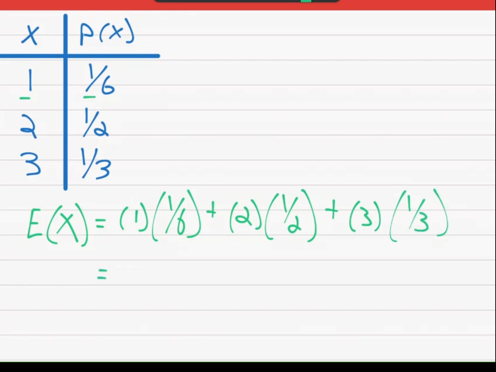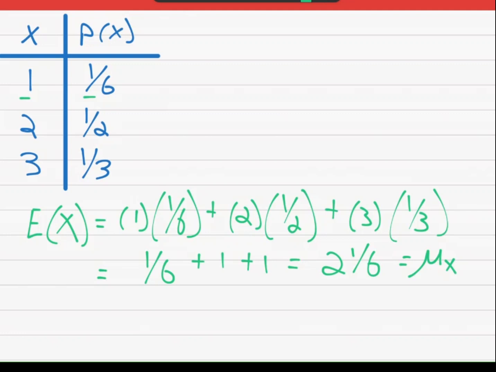This isn't that hard a calculation. I have 1/6 plus 1 plus 1, which equals 2 1/6. So that is our mu, the mean or average. On average, we would expect the value of this spin to be 2 1/6.